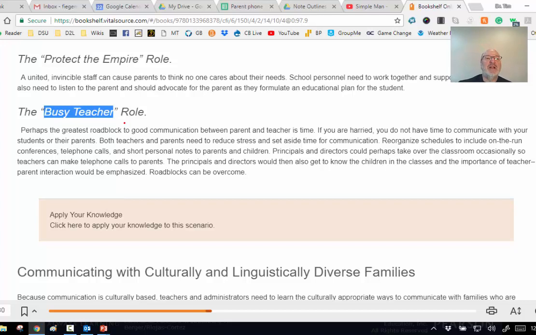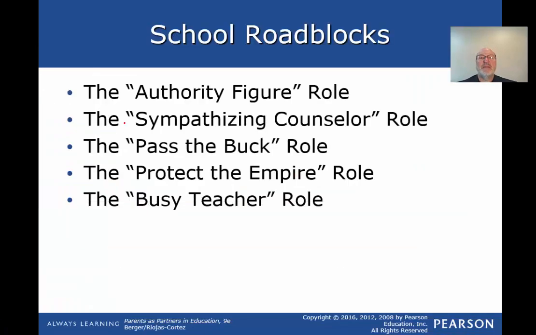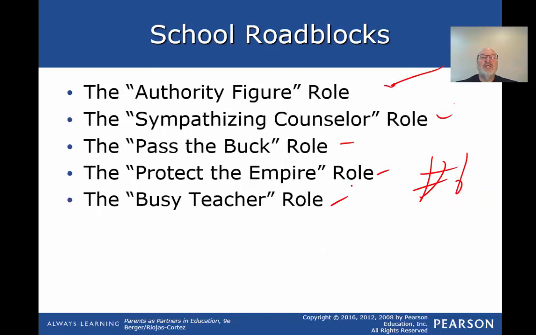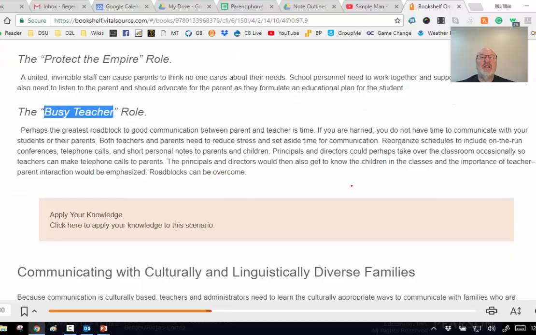So one of the things that we say to parents is, I don't have time for that, or if there's time, I'll do that. And so this will be number 6, where you will write a little response on each of these so that you remember them, that you understand here's the parent roadblocks, and here's what we do as a school to block that communication.